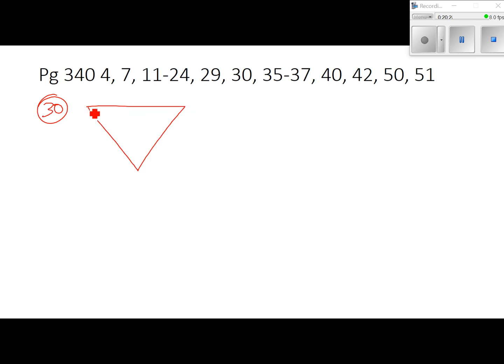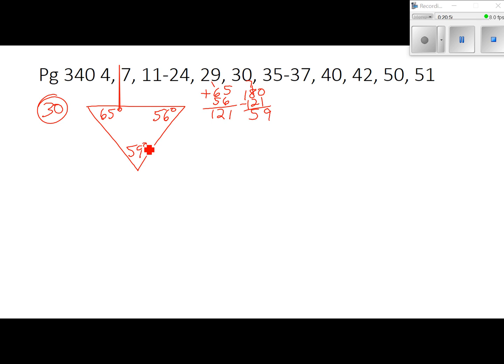So we got this triangle, this angle's 65 degrees. This is 56 degrees. We can find the other one by adding those two, 65 plus 56. That's 121, subtract that from 180. That's 59 degrees, so this one's 59 degrees.